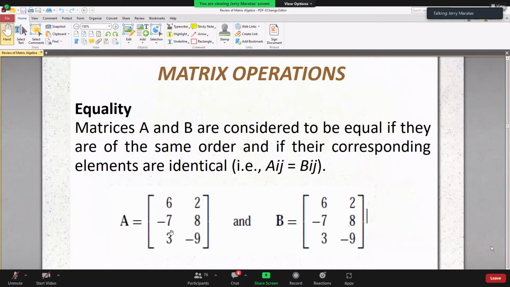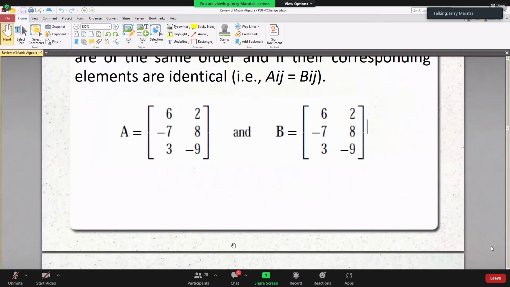So, in this example, it is safe to say that matrix A and B are identical or equal. The size is 3 by 2, 3 rows and 2 columns. These are the elements of matrix A and matrix B, which are obviously the same. So they are equal.